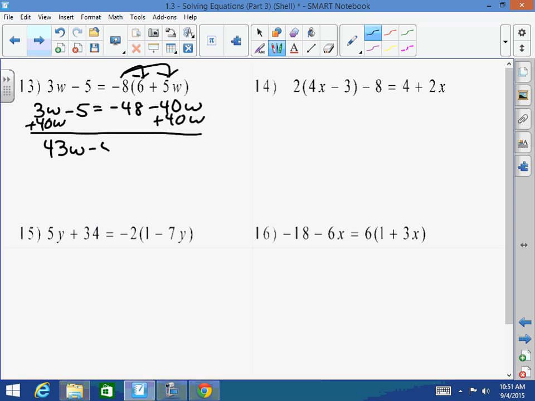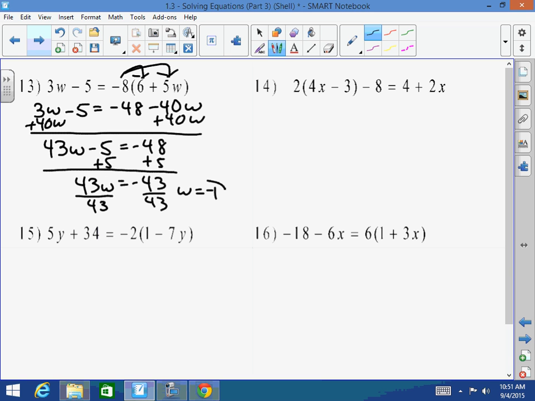Now I'm left with, again, a two-stepper. How do I move that negative 5 over, though? Very good, son. You add 5 to both sides. 43w equals negative 43. Very good. You divide by 43 on both sides, sir, and w equals negative 1. Excellent.